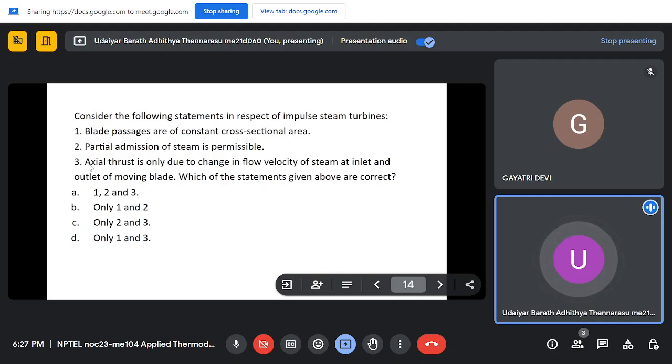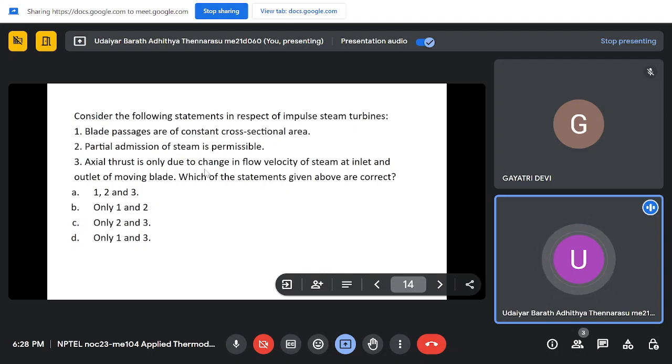And option 3 is axial thrust is only due to change in flow velocity of steam at inlet and outlet of moving blade. This is also true, because the velocity you can split into two components, whirl and flow, and your thrust is generated because of the difference in that flow. So that's what is being given.